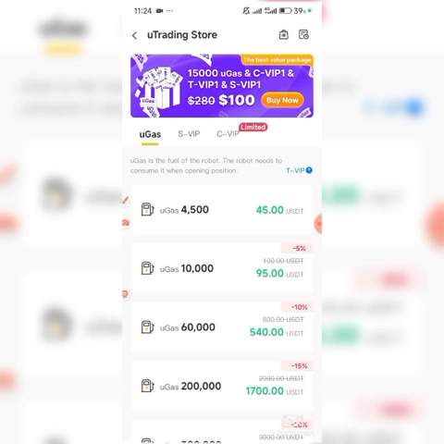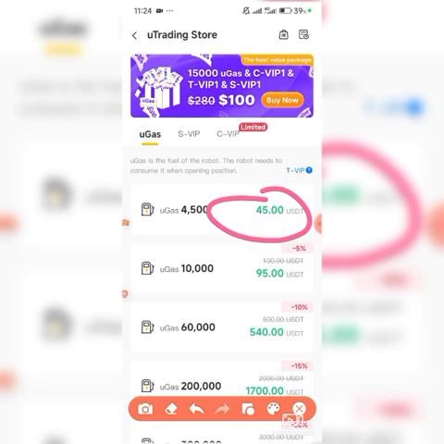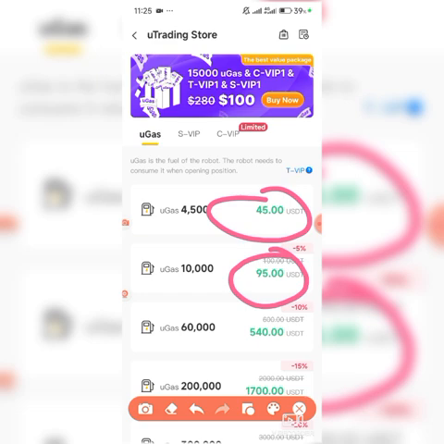This is where you're going to buy the U gas. You can start with $45. I always advise starting with $25. They will give you 9,000 U gas, 10,000 U gas here. If you are trading on maybe $500 accounts, then you can go for $95.